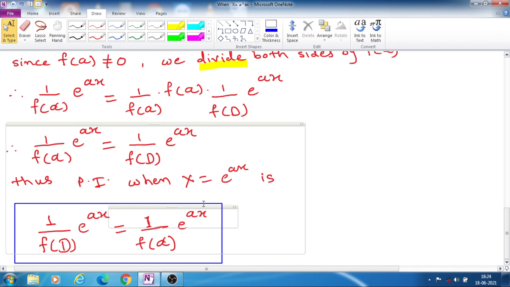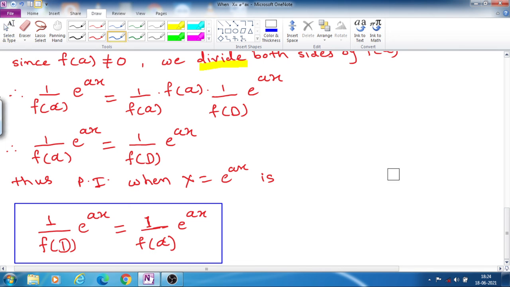Thus we have the P.I. for capital X equal to e raised to ax.